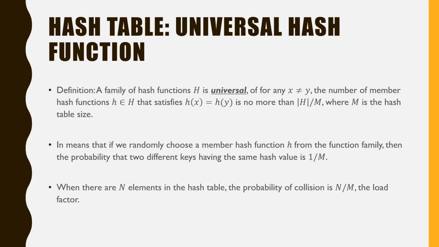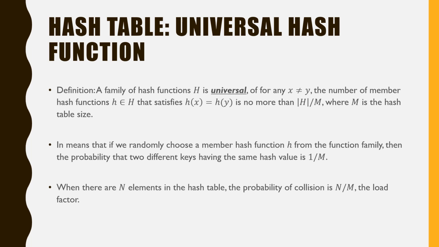With that, we say a function class H is universal if for two different hash values x and y, the number of functions h from the function class H that makes h(x) equal to h(y) is no more than the cardinality of H over m. Here, the cardinality of H means the number of possible members in the function class.